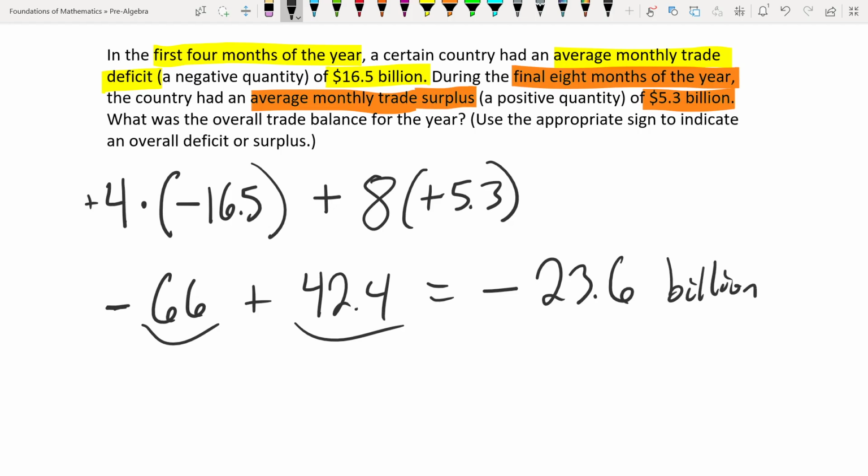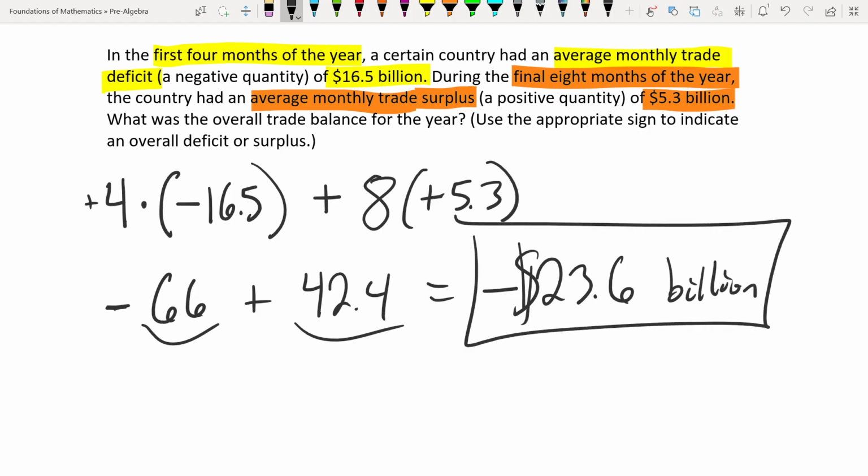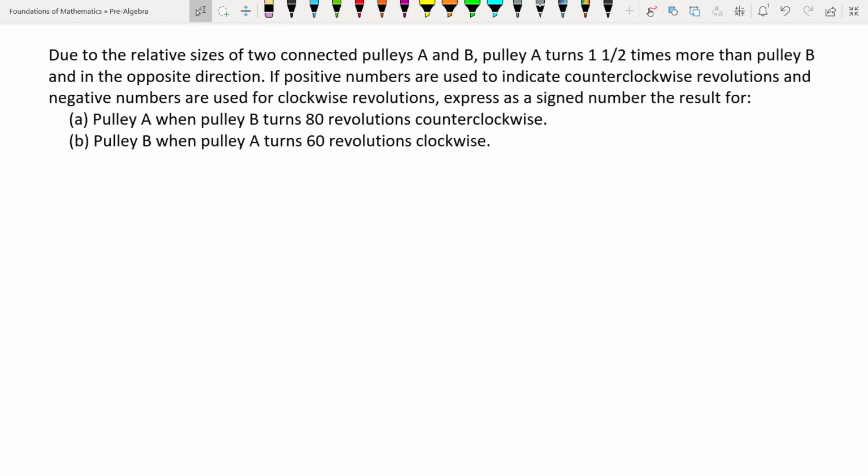All right, due to the relative size of two connected pulleys, pulley A turns 1.5 times more than pulley B, and in the opposite direction.